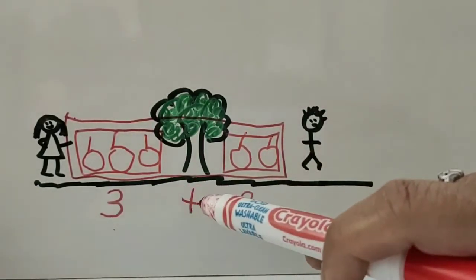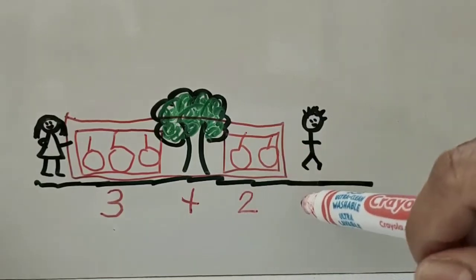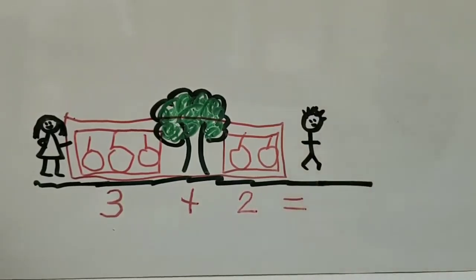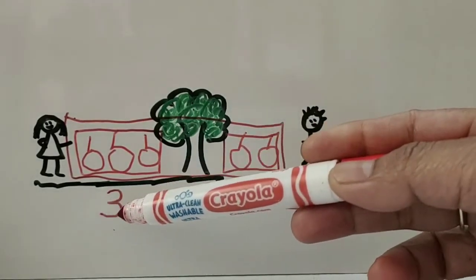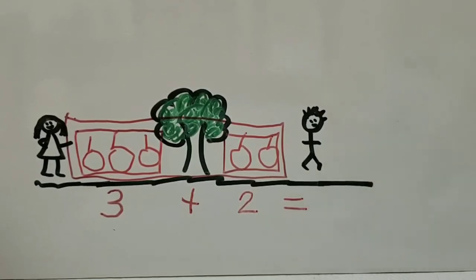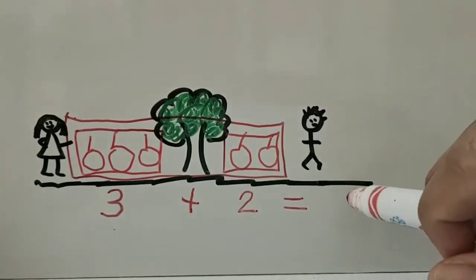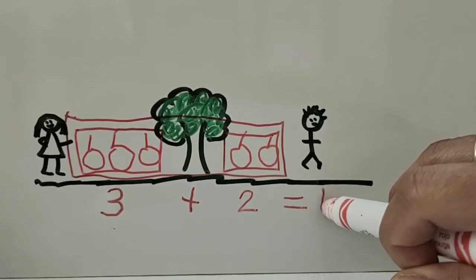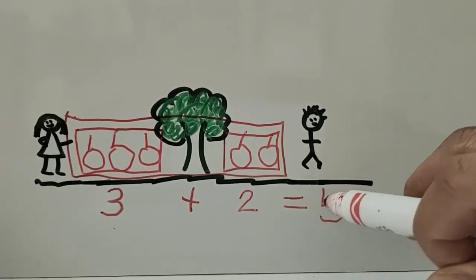So 3 plus 2. Remember the equal sign? Yeah, 2 lines across. Good job. 3 plus 2 equals 5. Very nice. Let's write number 5. Down the side, around a hive.